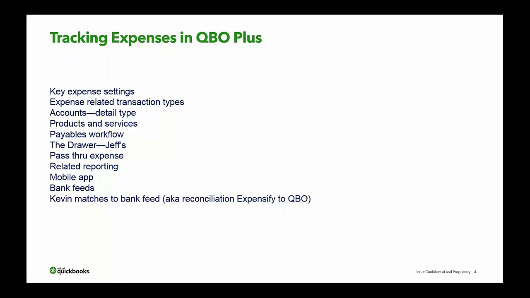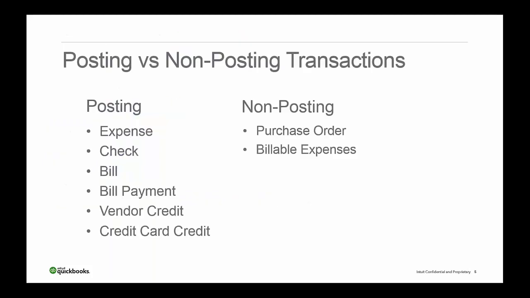I'll wait on the bank feeds after, and I'll hand it over to Kevin after the mobile app, and then I'll take the presentation back over to go into my Amex account in the banking credit card window and see how it matched. Fair enough? But download the deck itself, because there are links to other webinars, and also download the PDF that Kevin uploaded to give you more detailed information about Expensify specifically.